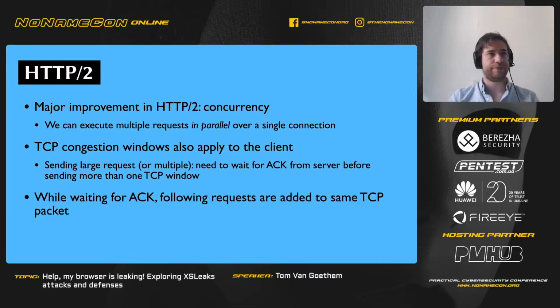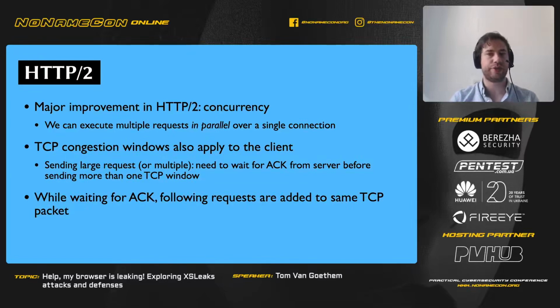And for this attack, in the browser, it will only be possible to exploit it over HTTP2. In HTTP2, one of the major improvements is the support for concurrency at the network level. This allows us to execute multiple requests in parallel over a single TCP connection.